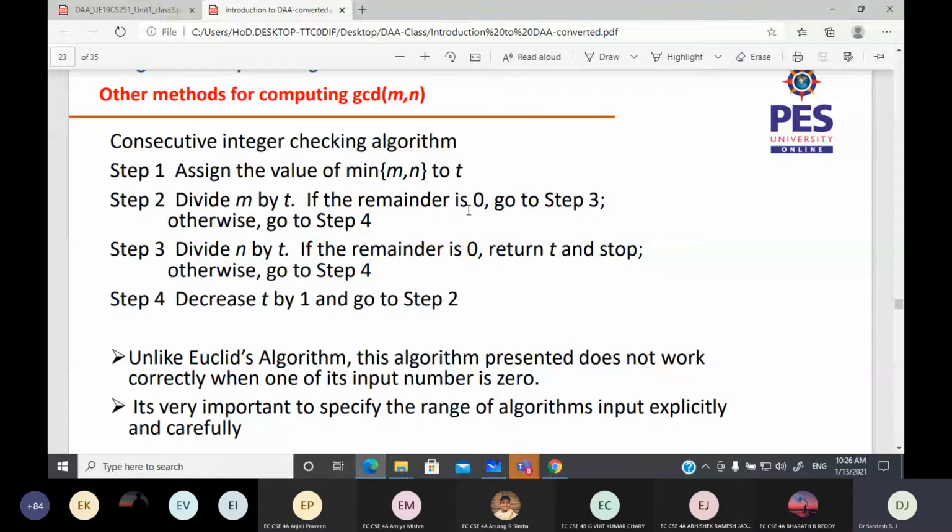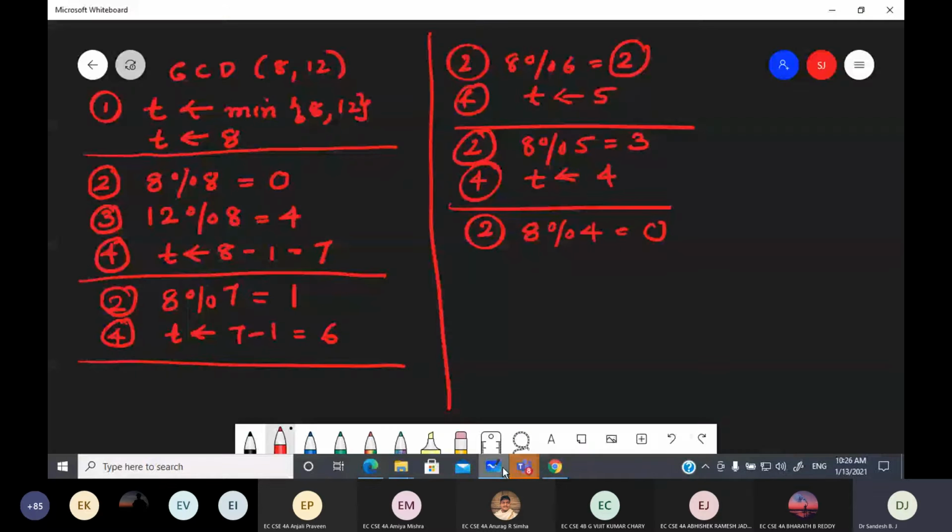Right? If the remainder is 0, we will go to step 3 and divide n by t. So you will take the second number, which happens to be 12. You go to step 3, you take 12 modulus 4, which is also equal to 0.